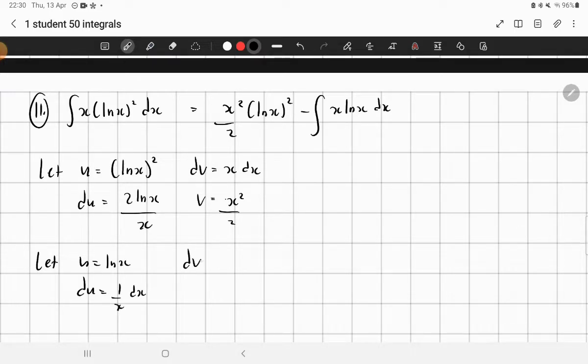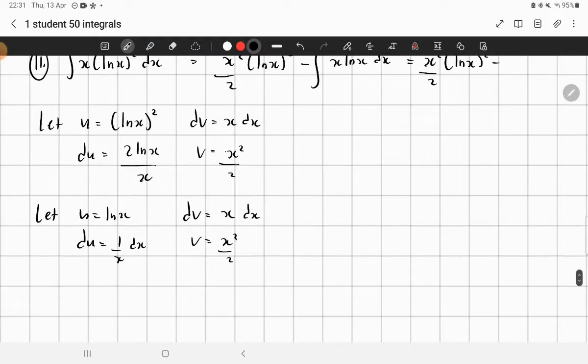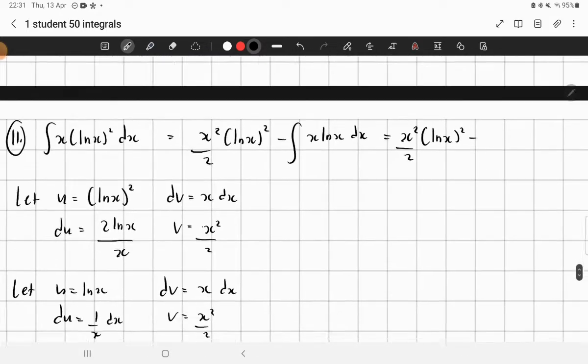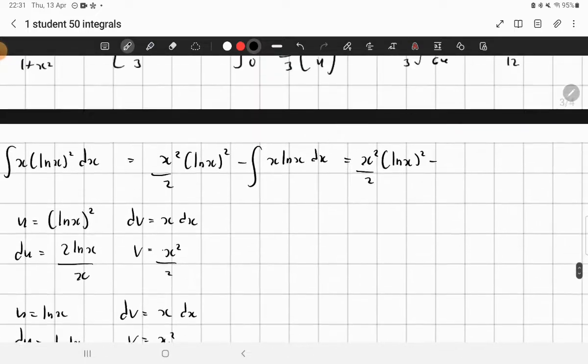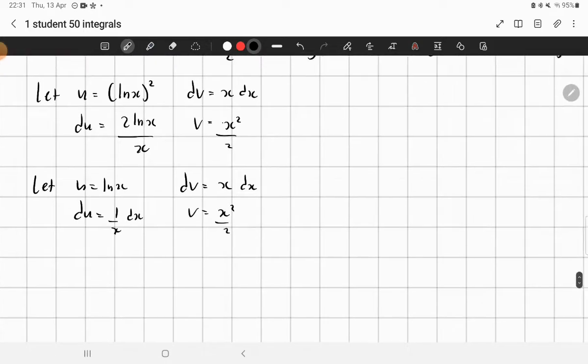So dv will be x, and then v will be x squared over 2. So you could solve the integral. So you have x squared over 2 times ln of x, minus x squared over 2 ln of x, plus the integral of x over 2 dx.